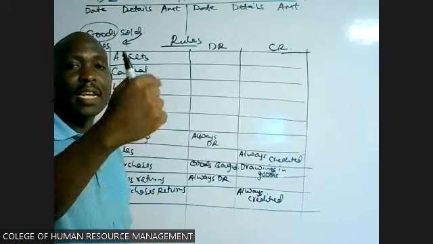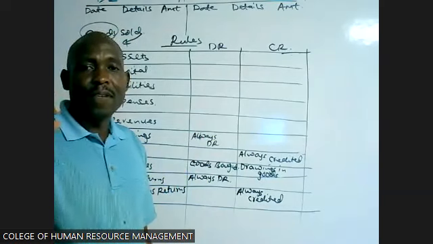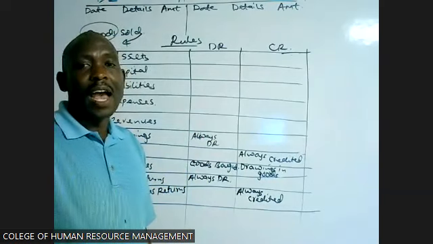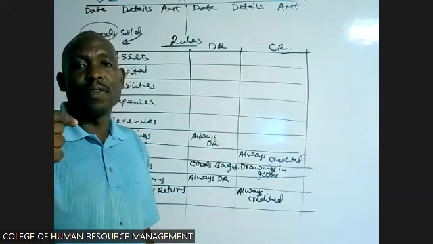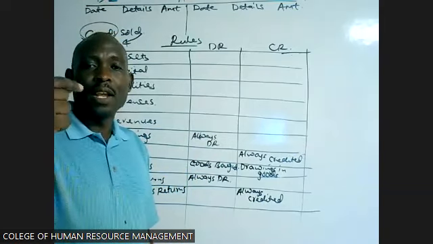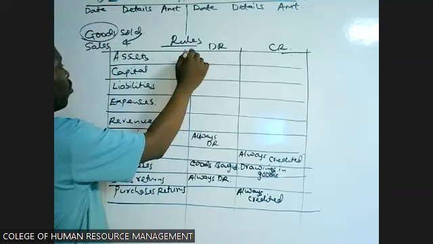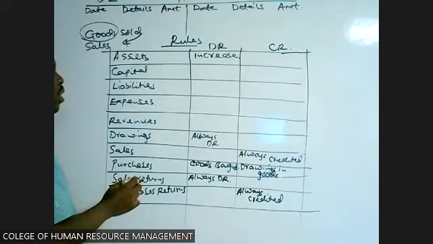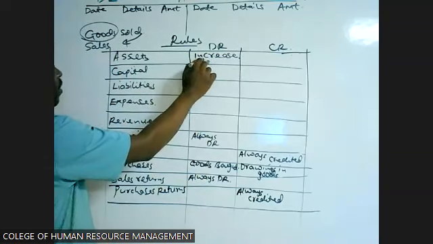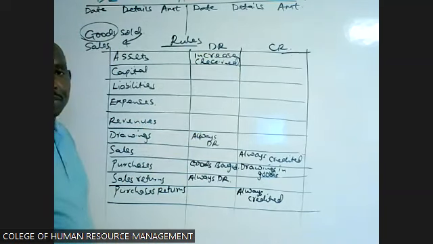Motor vehicles are increasing in the business. So anytime an asset is increasing because it is being received into the business, either we are buying them or we are receiving them, we debit them. So we debit them when there is an increase, when they are being received in the business.